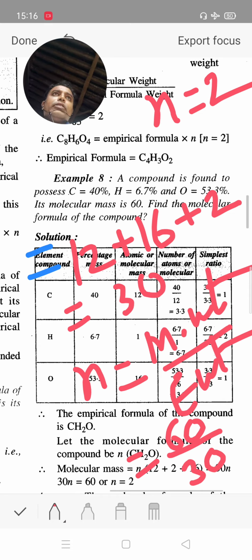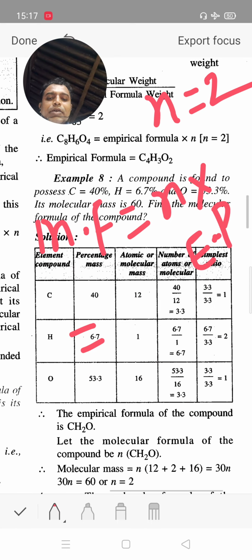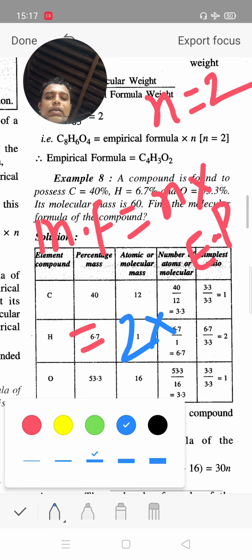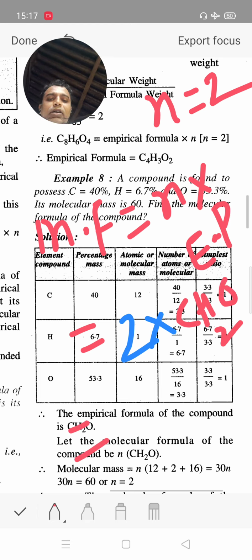Put this value in the formula: molecular formula is equal to n into empirical formula. Put n equal to 2 and empirical formula C1H2O1. Then we get C2H4O2.